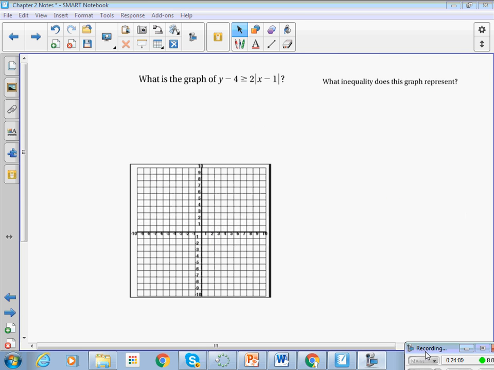Okay, so let's take what we were doing from before with absolute value and apply it to inequality. So we are going to graph y minus 4 less than or greater than or equal to 2 absolute value x minus 1.